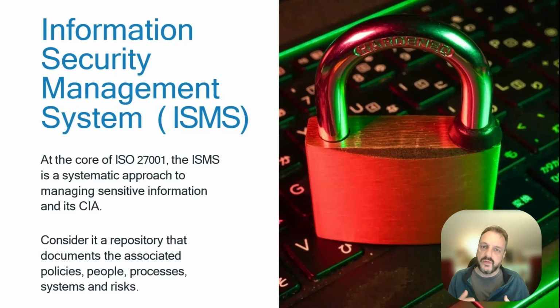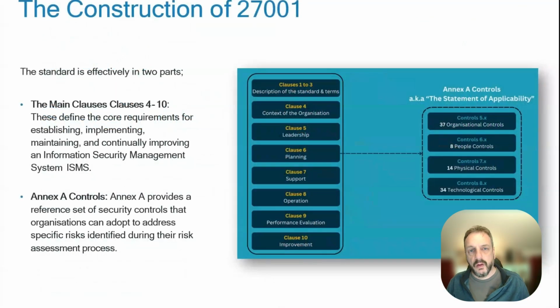And it integrates with your organization structure to support continuous risk management. If you pull away and look at its heart, the construction of 27001 is in two real parts. You have the clauses and the controls.